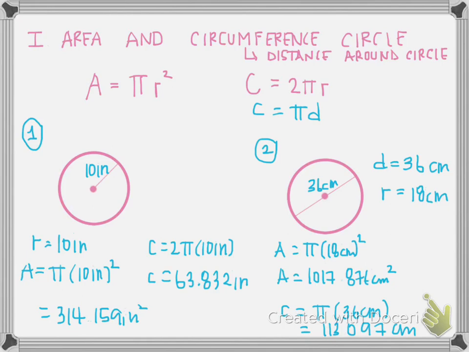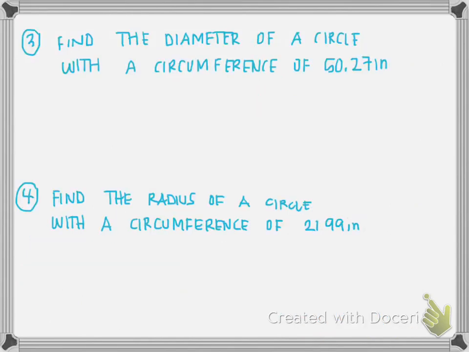Good. Okay. So I want to find the diameter of a circle with a circumference of 50.27 inches. So I want to find the diameter where I know my circumference. Well, your circumference is either 2 pi r, or pi times your diameter.